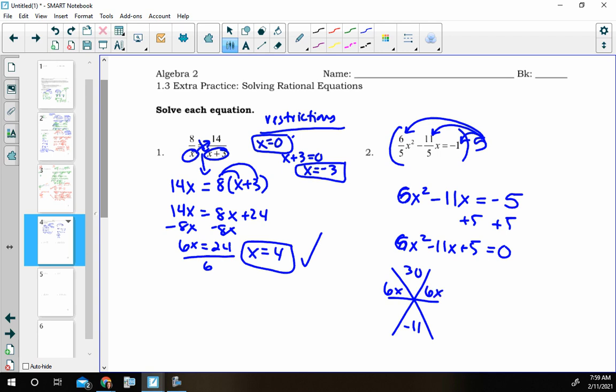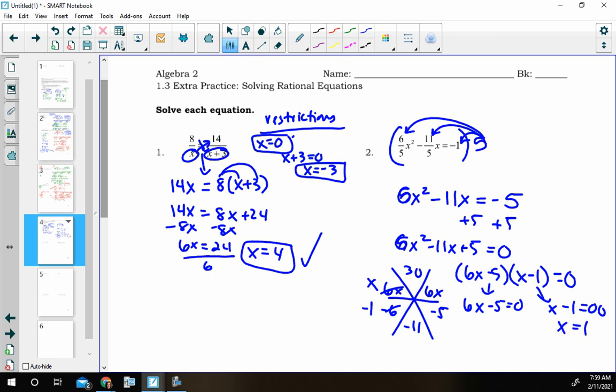So I got -6, -5. So 6x minus 5. This one I can divide by 6. And x minus 1. Solve them both.